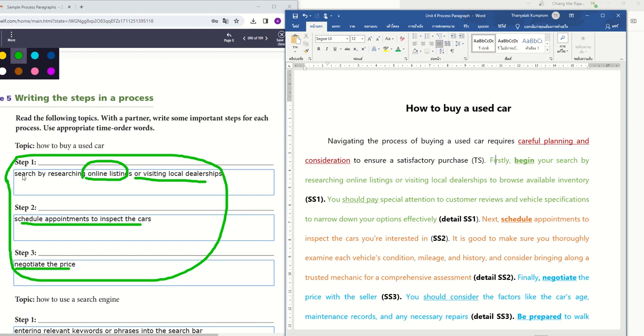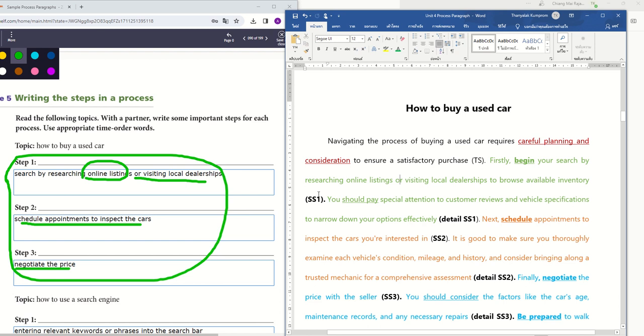So again, mind mapping does not need to be a complete sentence. Every time you do mind mapping, and also an outline, but especially for mind mapping, you don't need to write a full or complete sentence, as you can see in my example.